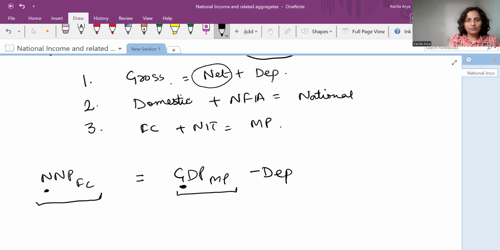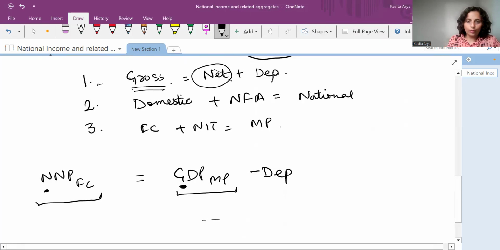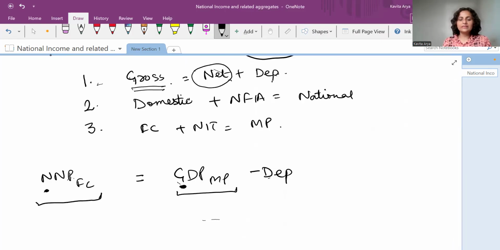From the very first equation, if we want to convert net into gross, we will add depreciation. If we want to convert gross into net, we will subtract depreciation. So gross minus depreciation gives us net. Right. So with this, we are sorted with the first part.